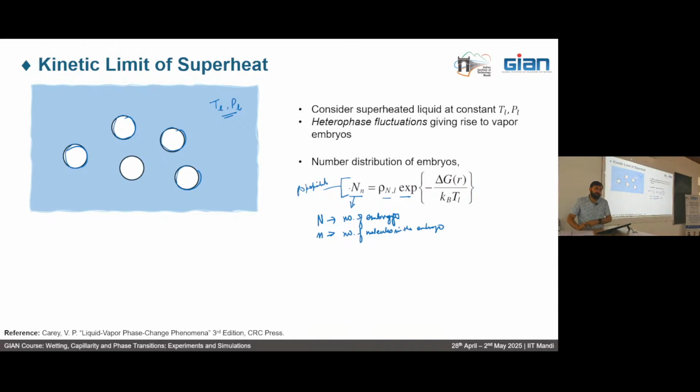Rho NL is the number density of embryos in the liquid, multiplied by exponential of minus delta G by KB TL. Here delta G is negative.